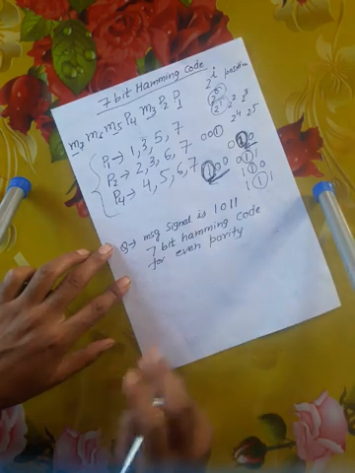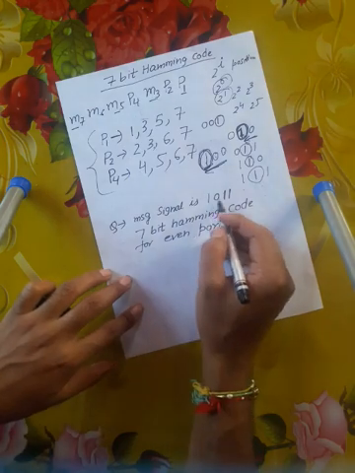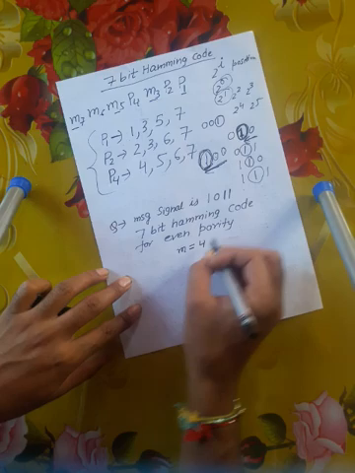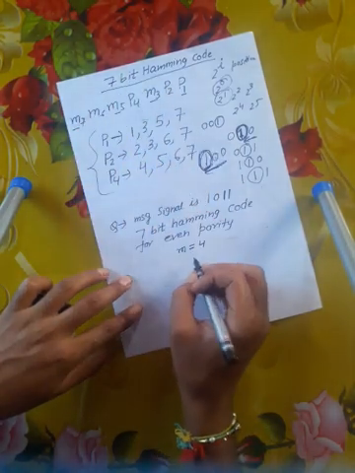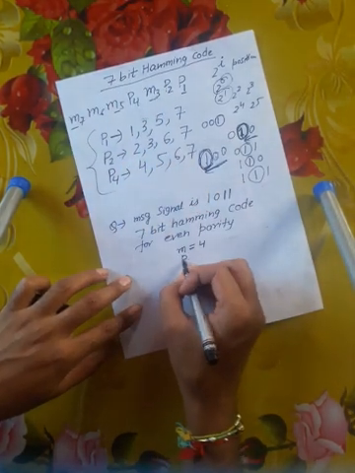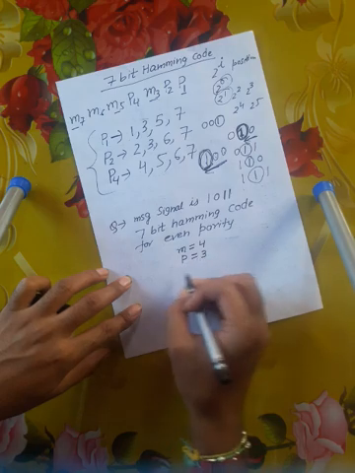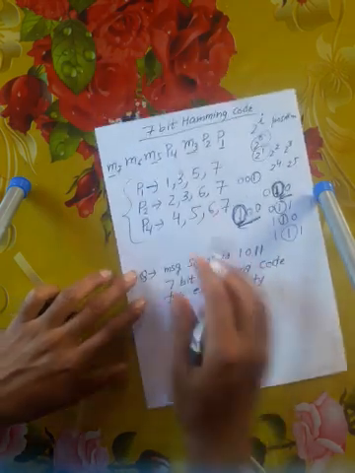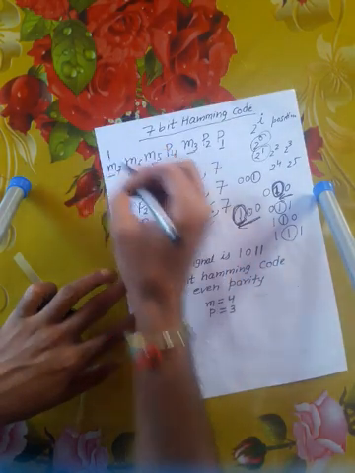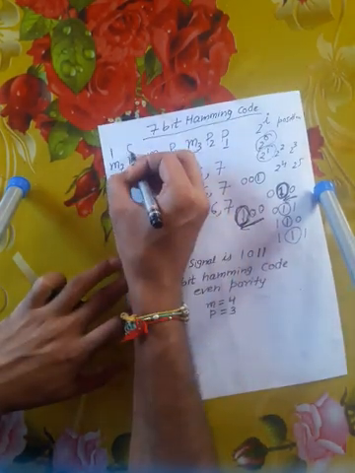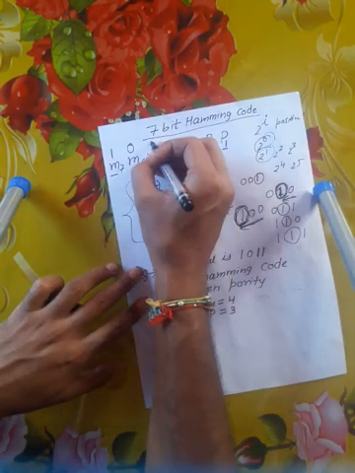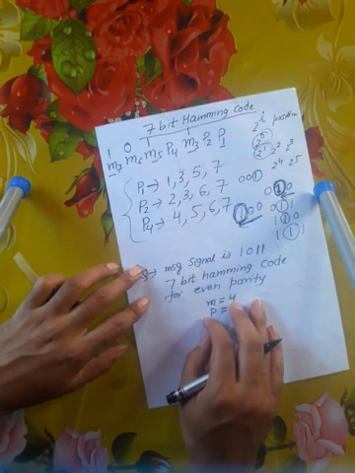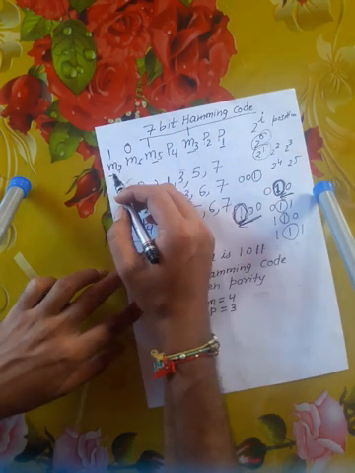How will you determine? Just write down 1011. The number of message bits M is 4, and in case of 7-bit Hamming code, you are already aware P will be 3. Now just write down the value 1011: this is 1, this is 0, this is 1 and this is 1. You have to write down all the message bits.